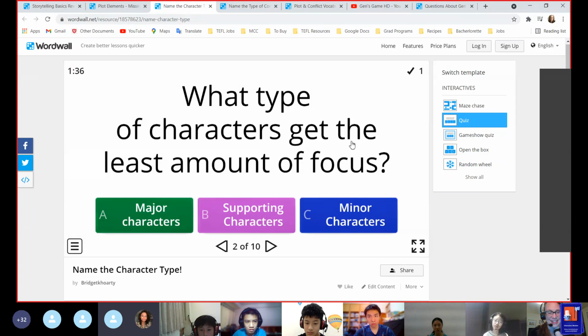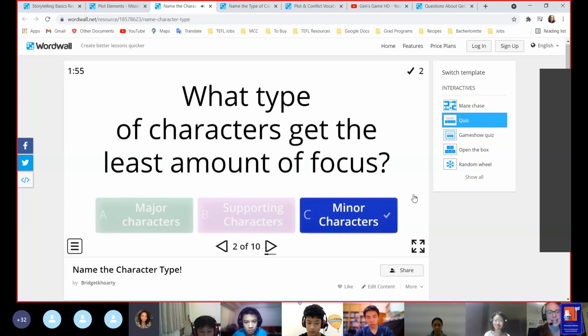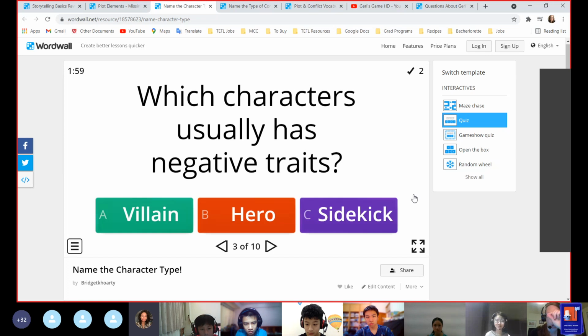No one. Okay. How about supporting characters? No one. All right. So is everyone saying minor characters? Yes. All right, let's check it out. Nice job, everyone. Yes, minor characters get the least amount of focus. Minor means small. All right, nice job.